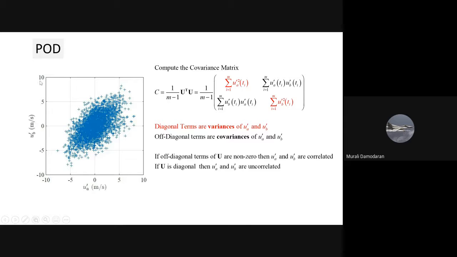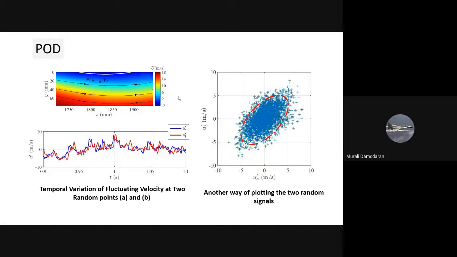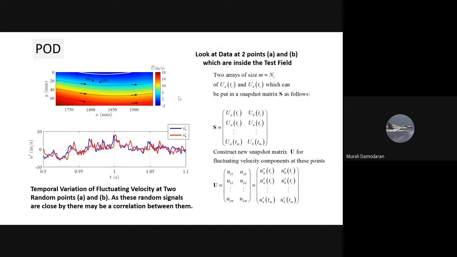Okay, so what we do, this is a statistical term: we want to find the covariance matrix. This is very well defined in statistics and also in whatever we do. So here is the definition of the covariance matrix, and we already have our data, which is already computed, our U matrix here.